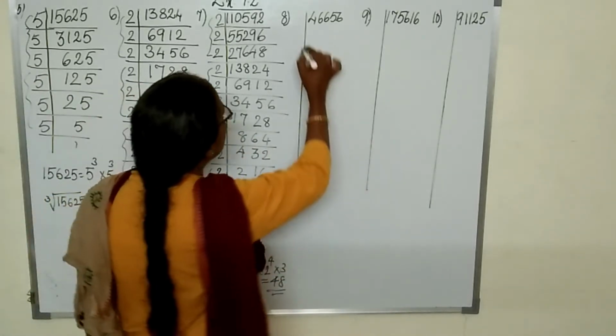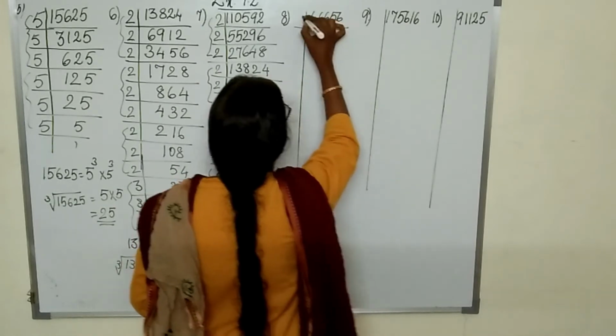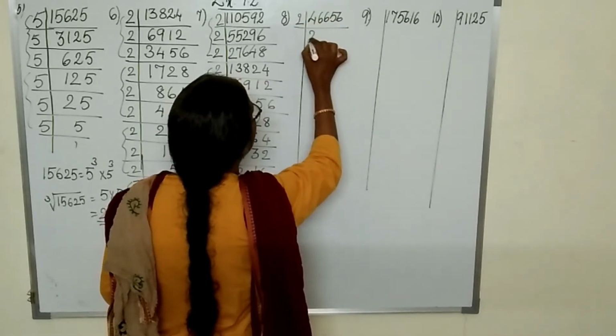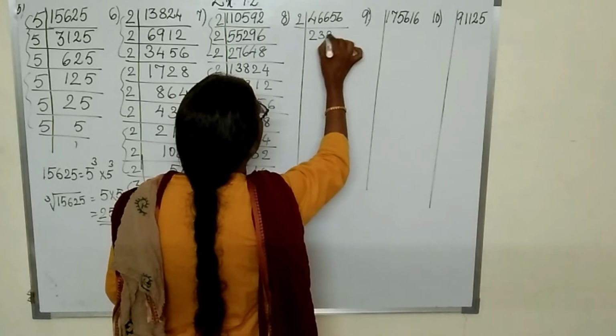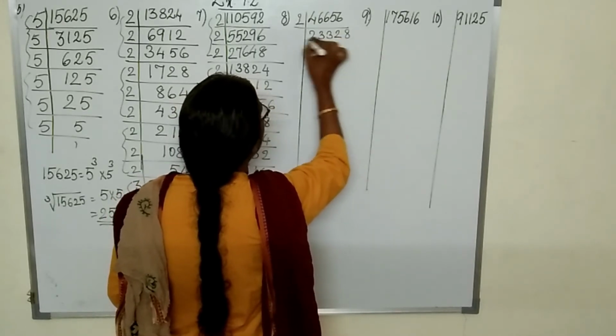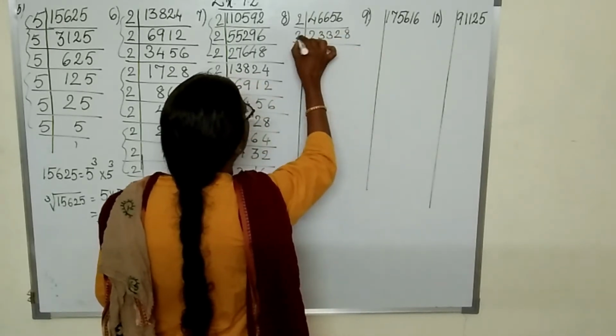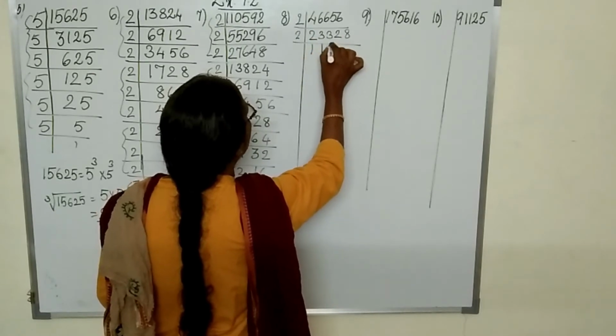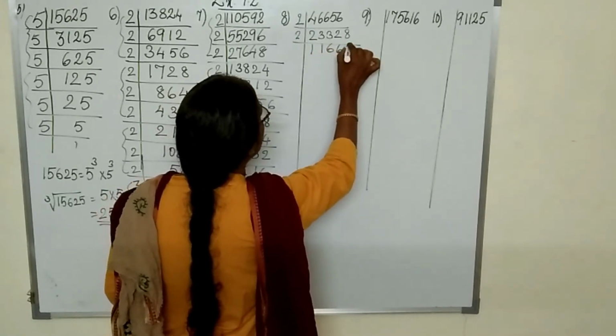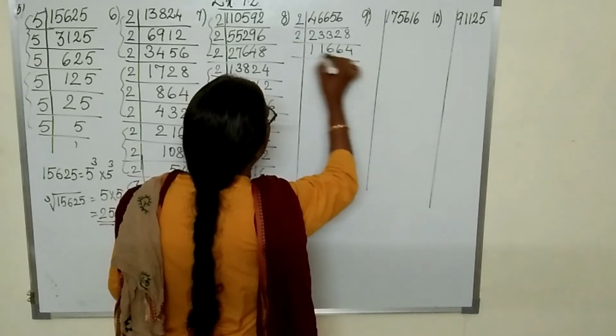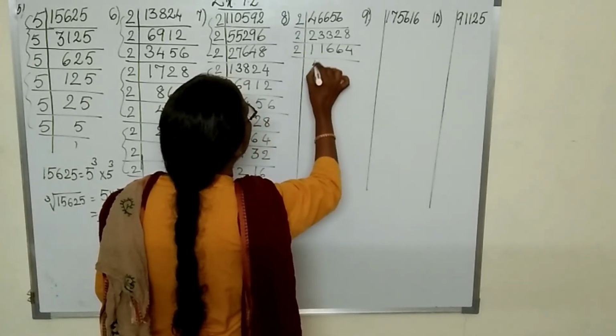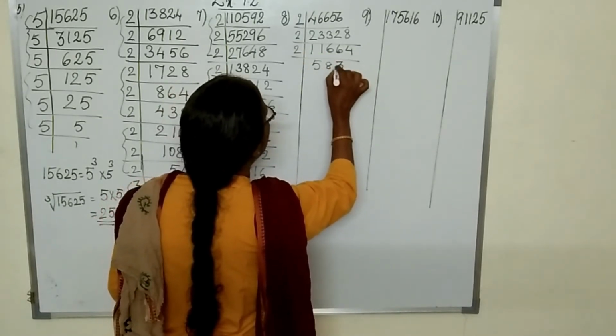Now the next number again divided by 2. 2, 3, 3, 2, 8. 2, 1, 1, 6, 6, 4. Again by 2, 5, 8, 3, 2.